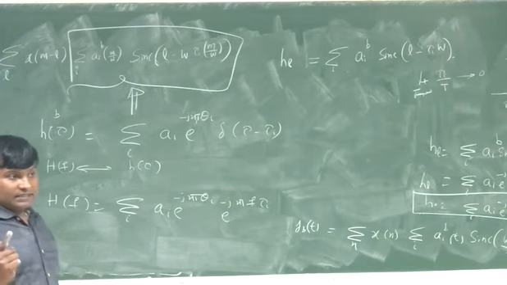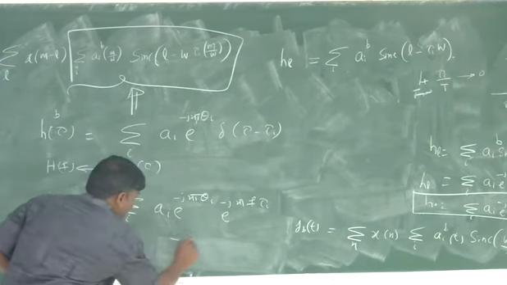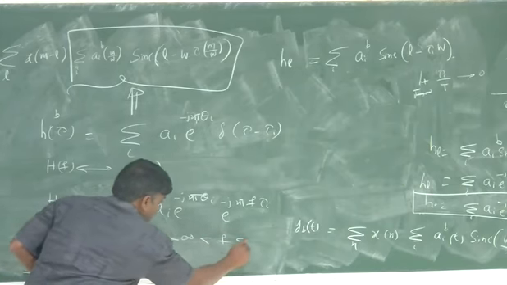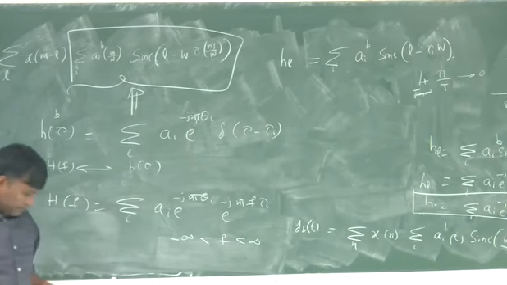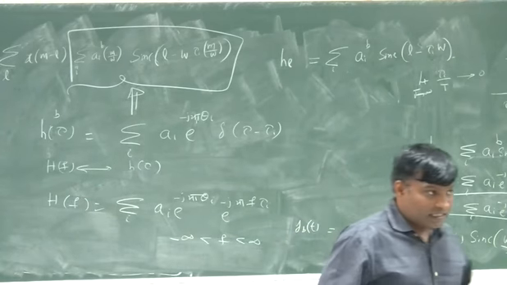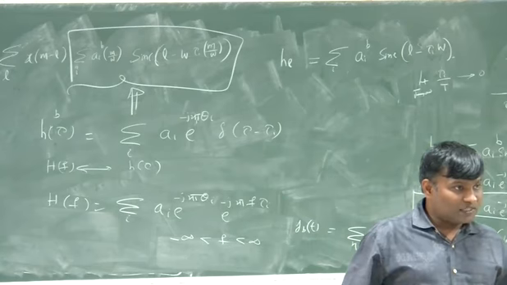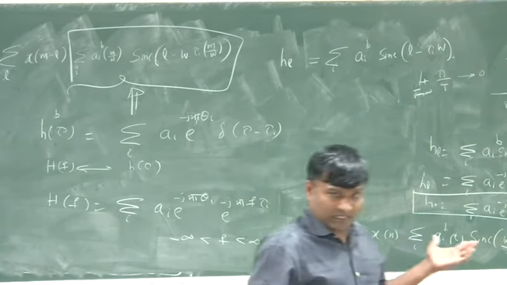What is the range of f? As far as this definition is concerned, f can go from... remember, we are really interested in h of f that is bounded between minus W by 2 to plus W by 2, for the reasons we are explaining.